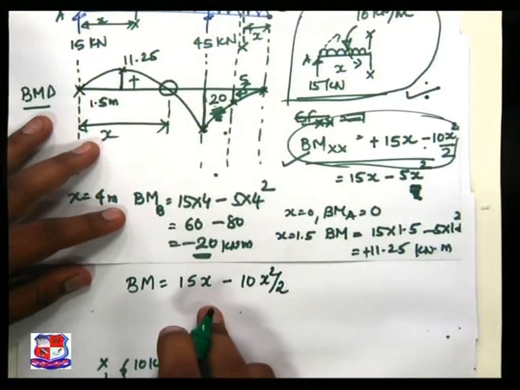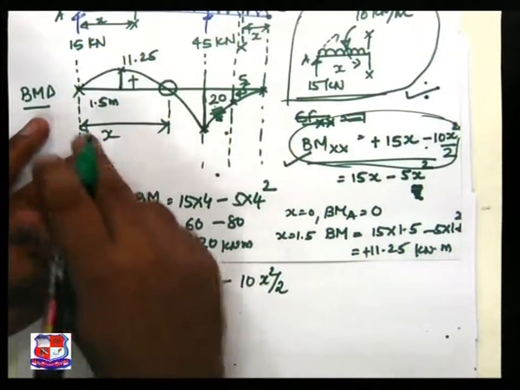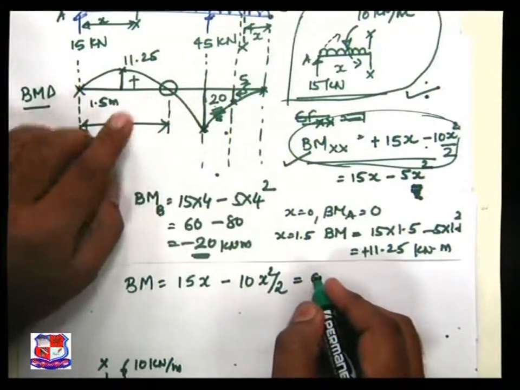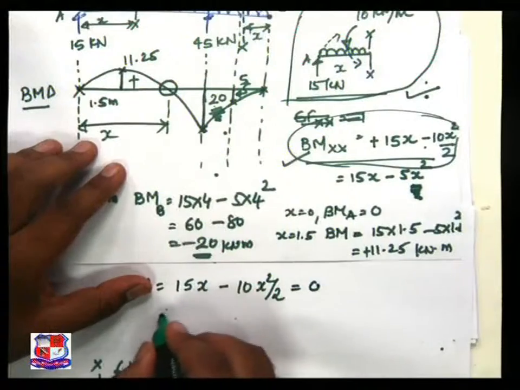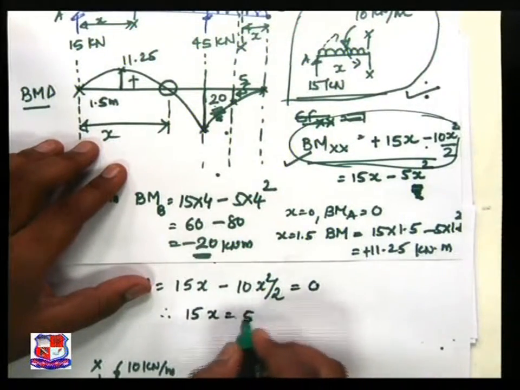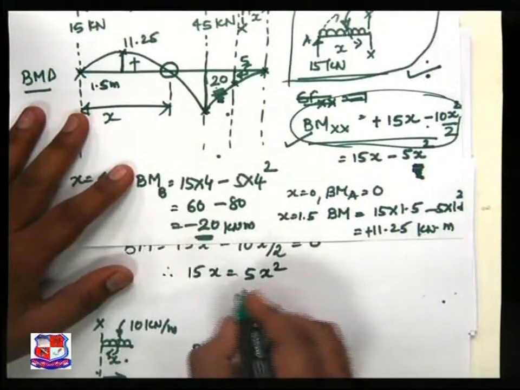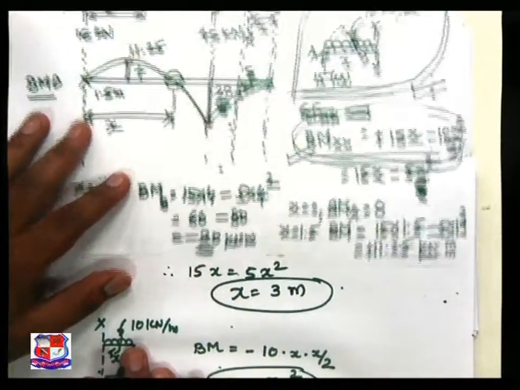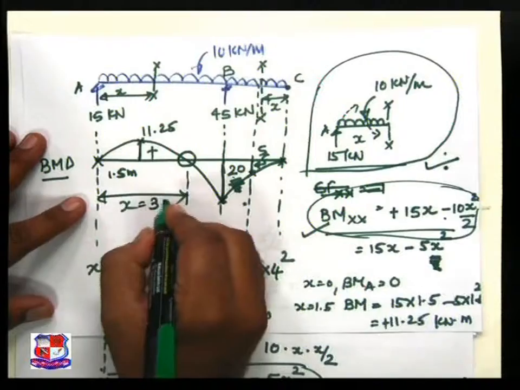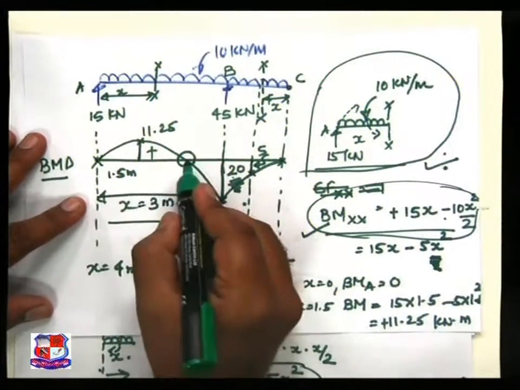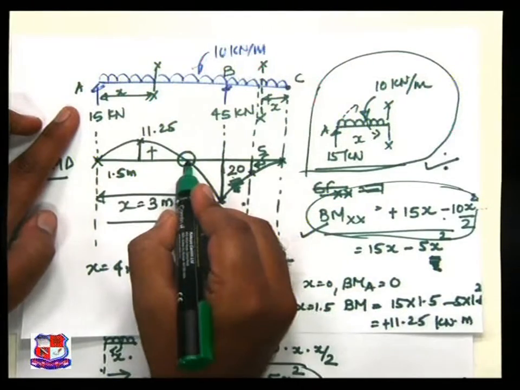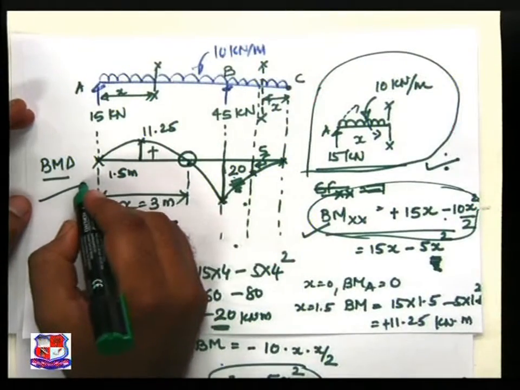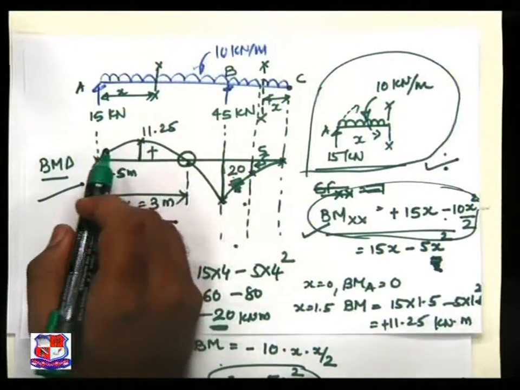This is the basic equation of variation of bending moment between A and B, which is equal to 0 at a certain point, and I have to find the value of x. Therefore 15x is equal to 5x square. By simplifying, we get x is equal to 3 meter. So at 3 meter from A my bending moment is 0.